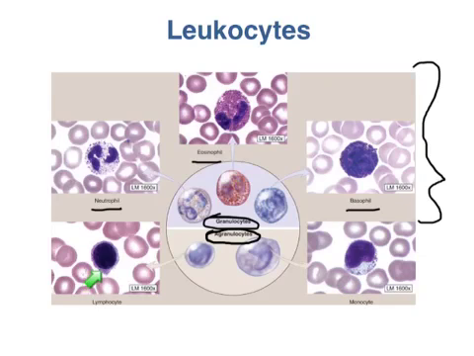So the agranulocytes, you have your lymphocytes and your monocytes. We'll talk about these in depth when we cover the immune system, but for now I just want to introduce them and in a general sense what they each do.